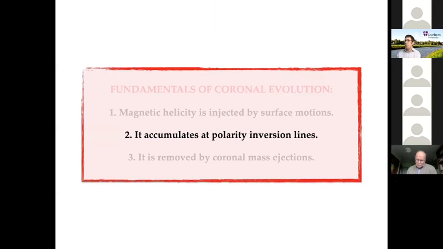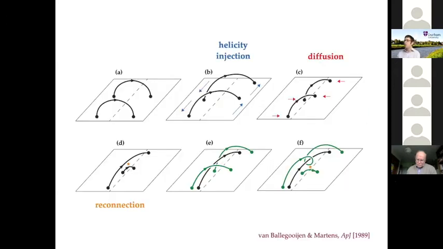So what happens to this helicity once it's appeared in the corona? Well, it gets accumulated, we think, at these polarity inversion lines and forms those filament channels. The easiest explanation for this is this famous cartoon by Van Ballegooijen and Martens. What they were trying to do here was explain how you form helical magnetic fields in filaments and prominences.